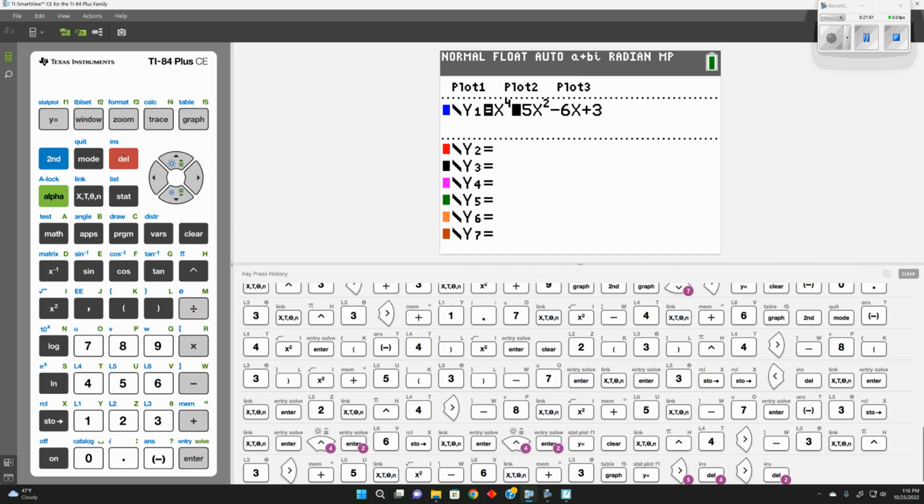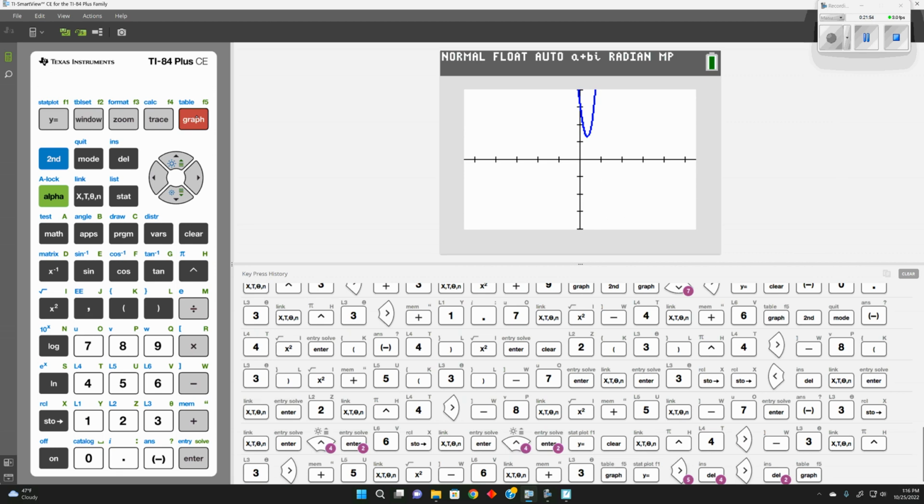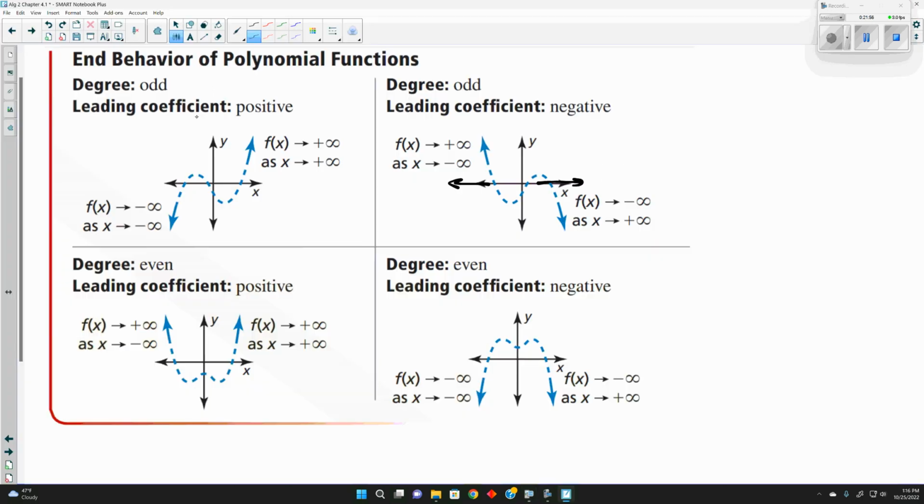I would have to look some of them up, because we could have a quartic function that would do this here. There are different ways that they'll go up and down between the 2 spots, but any even degree polynomial function, both ends are going to go up or both ends are going to go down. And what happens in the middle can change depending on how the function's set up.